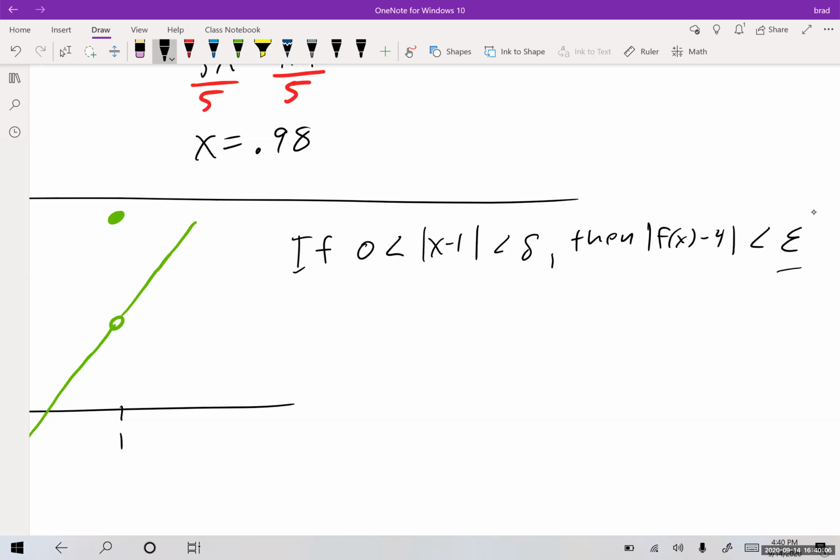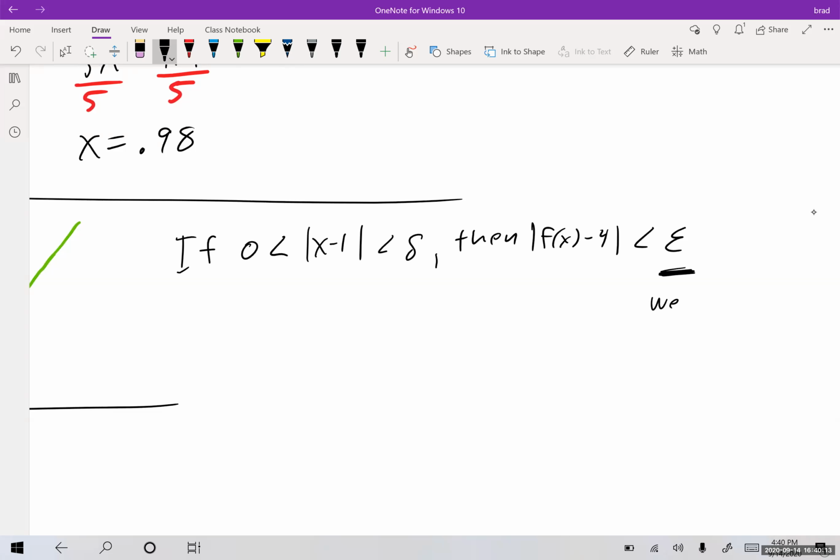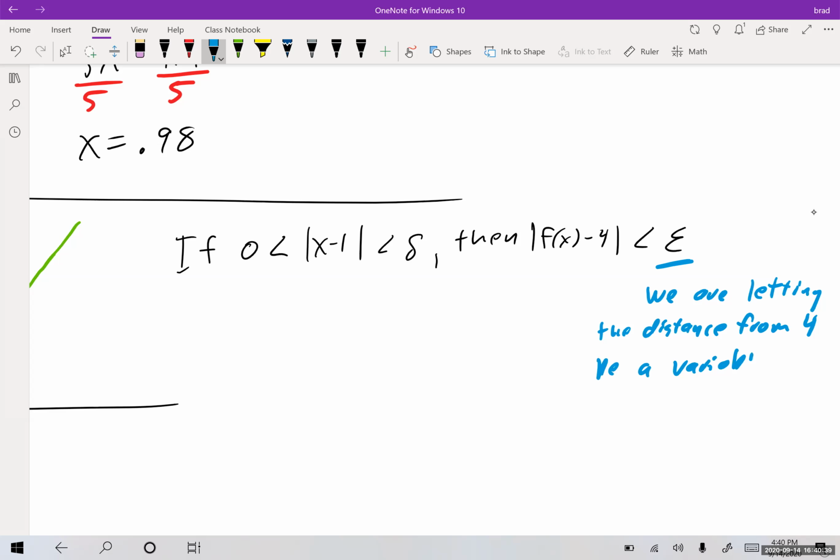So what we're doing this time is, you know what, let me write this in blue. We are letting the distance from 4 vary, right? And we're going to say, or let's say, the distance from 4 be a variable.